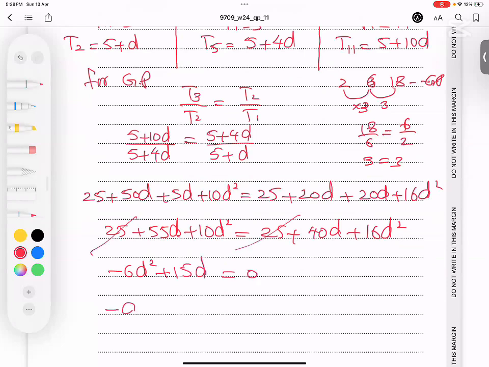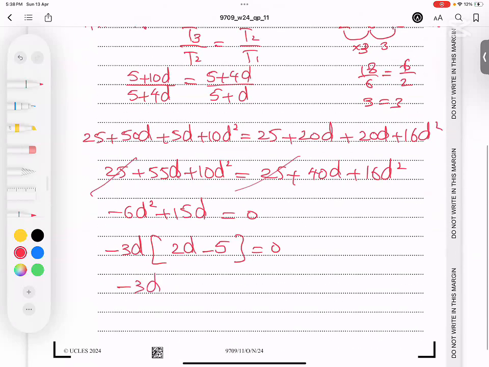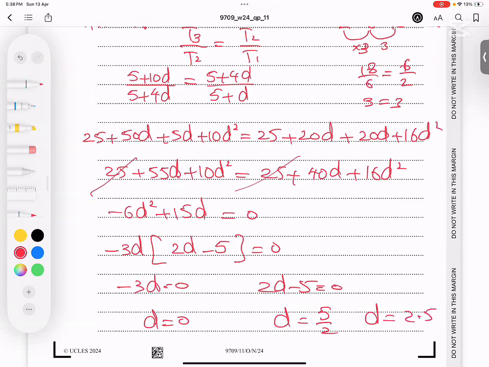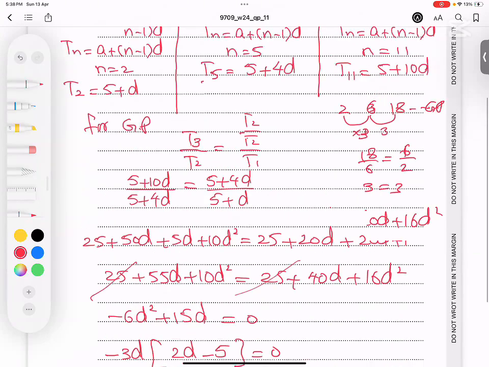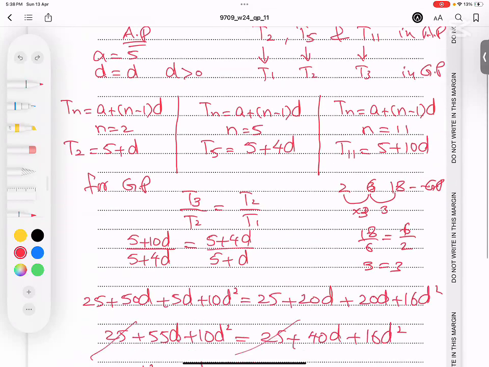So I can take negative 3D common, and I got 2D minus 5. So either negative 3D is equal to 0 or 2D minus 5 is equal to 0. Here D is 0, and here D is 5 by 2, or D is 2.5. But what he said on the top, D is more than 0. So D equal to 0 is not possible.